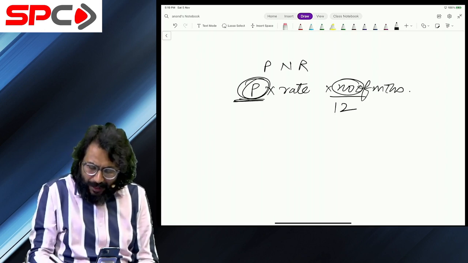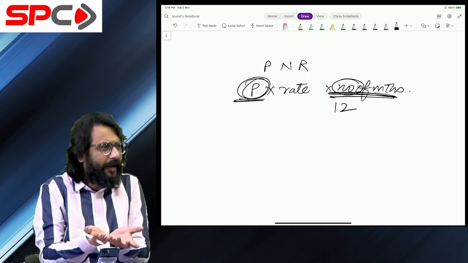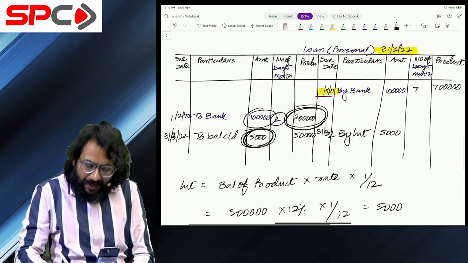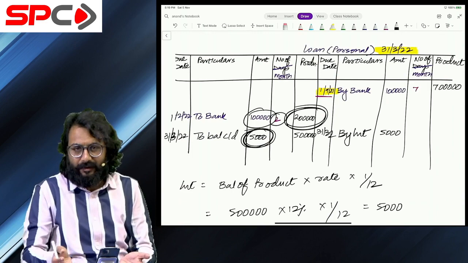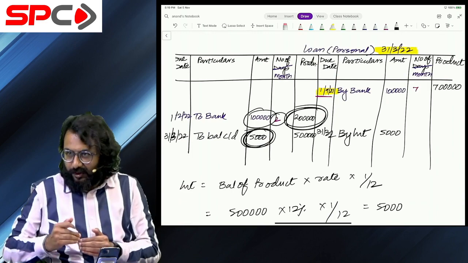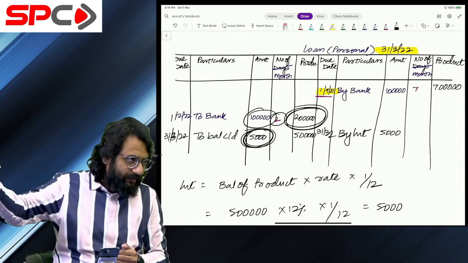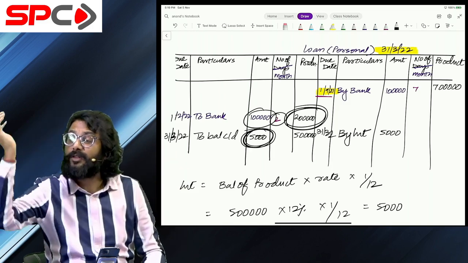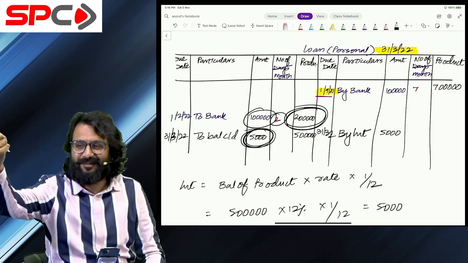I have multiplied with number of months here and I simply use the word product. Then I take the balance of product and multiply it with the rate of interest. Because I have already multiplied by number of months, I say 1 divided by 12, because when there is nothing in the numerator, it is 1.